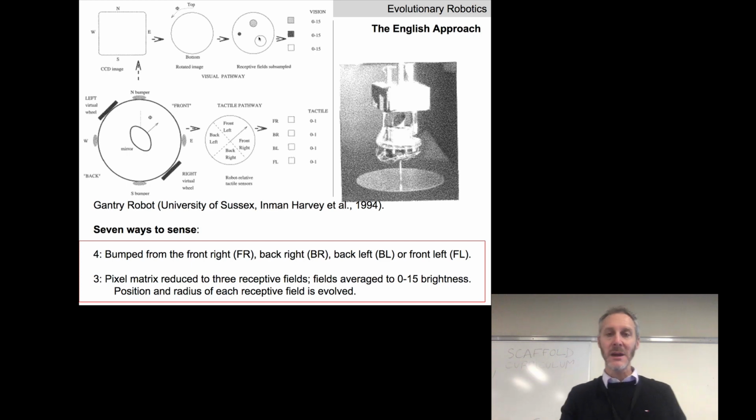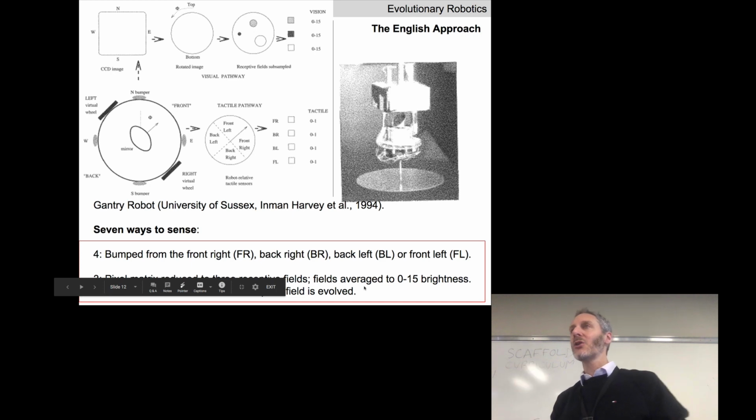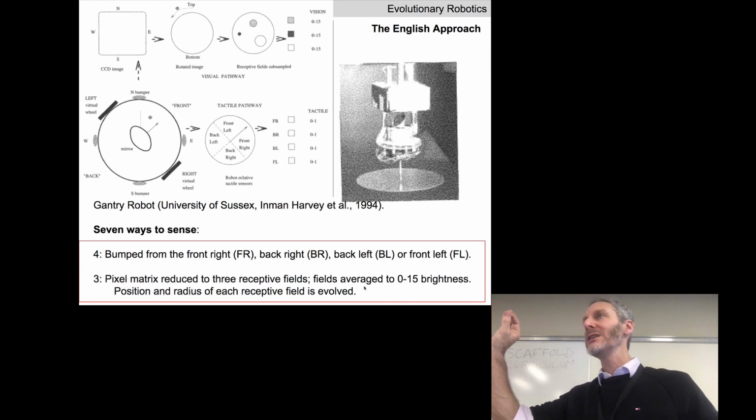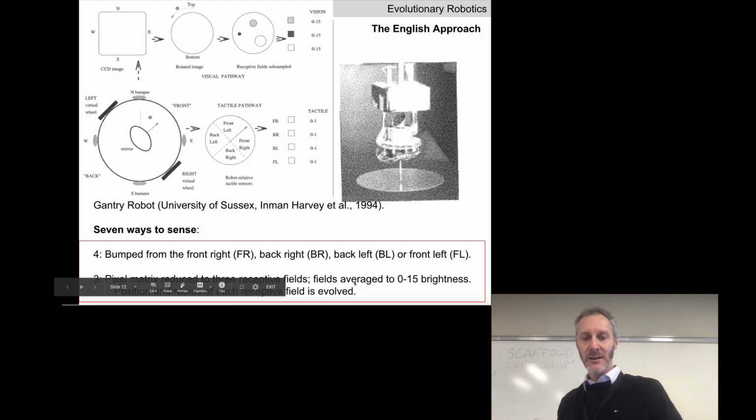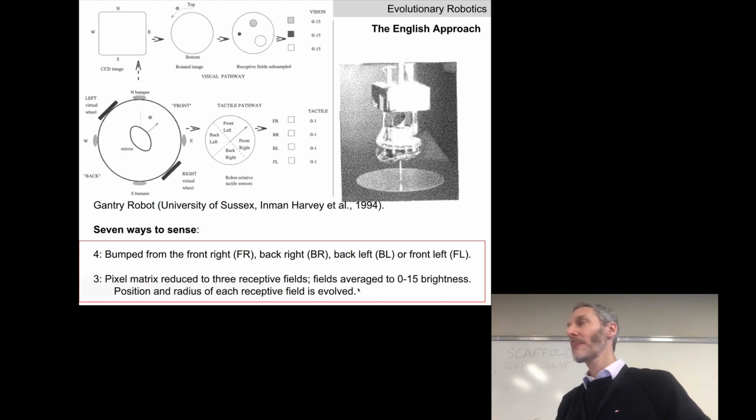I'm sorry, I forgot to mention one other detail here. My mistake. In everything we've seen so far, evolution is only tuning the synaptic weights of the neural network. In this experiment, they broadened the evolutionary algorithm a little bit so that each genome in the population encoded numbers or weights for the synapses, plus 9 additional numbers, which is the X and Y position of each of the 3 receptive fields, plus the radius of that field.